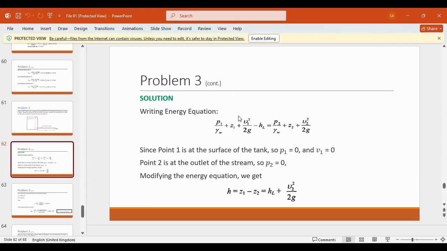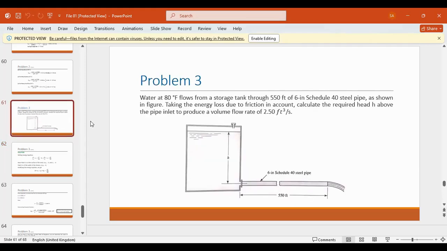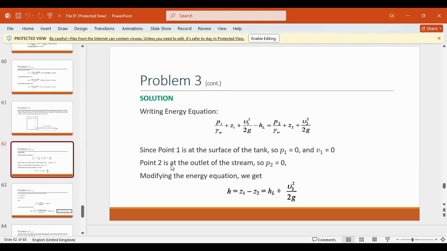We have the pressure head, elevation head, and kinetic head or velocity head. Additionally, we have the head loss, which is lost during the travel of water from the top surface of the tank towards the outflow point.